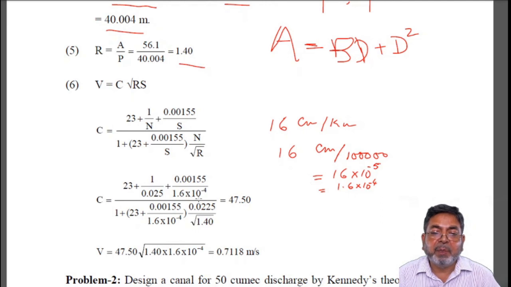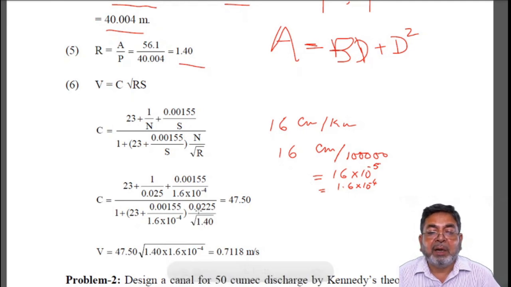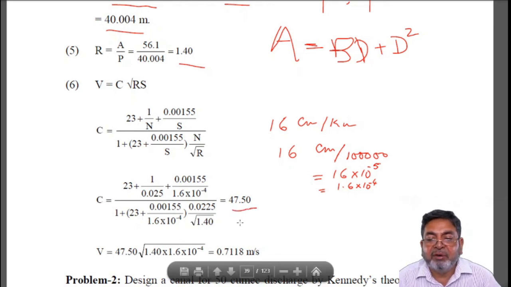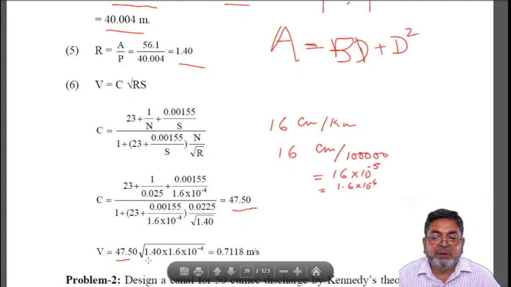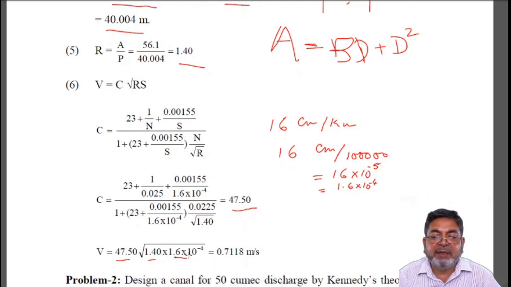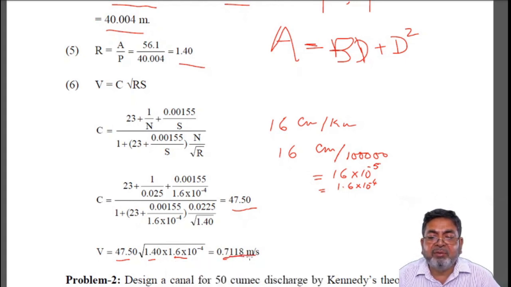You can see here the value of S has been put here, and 1.4 is the R, and the value of C which you are getting here is 47.5, and you will put this value of C here in the equation of Chezy's, C under root RS. This is C, this is R, and again this is S, and the value of actual velocity you are getting here is 0.7118.